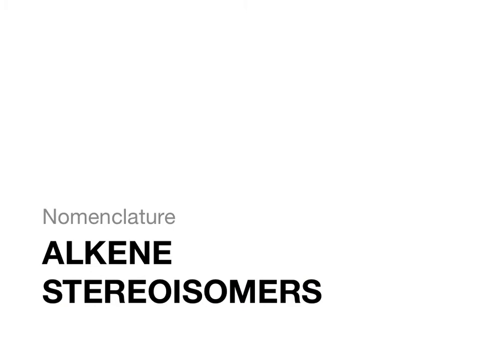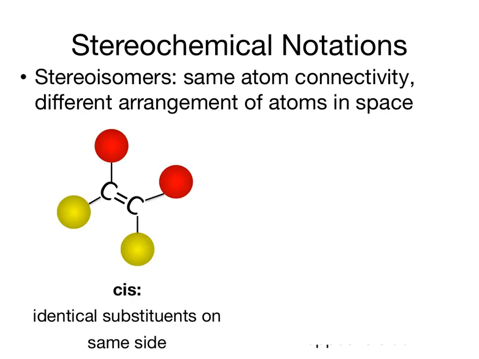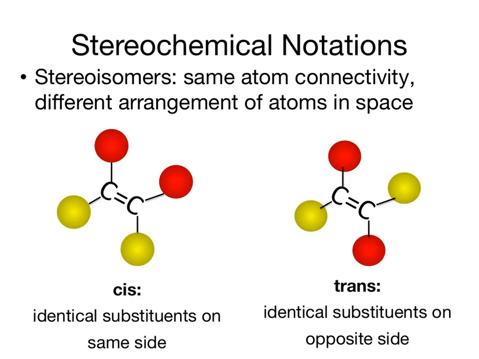So, alkenes can also be complicated because they can have things called stereoisomers. And stereoisomers are when atoms are connected the same way, but they are arranged in three-dimensional space differently. So maybe in a previous class, you've heard of cis molecules or maybe trans molecules. This has to do with the arrangement of substituents around a double bond.